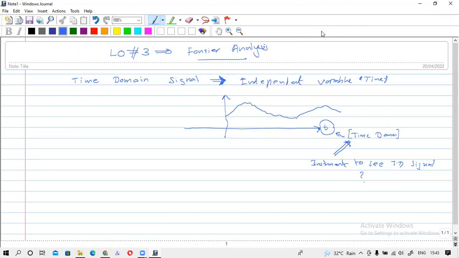What is the instrument? It is oscilloscope, no? The instrument is oscilloscope.